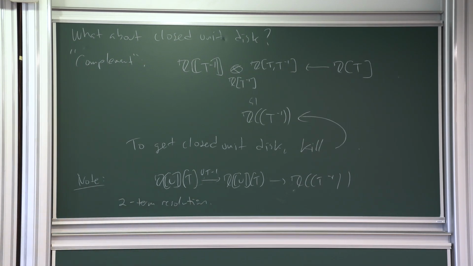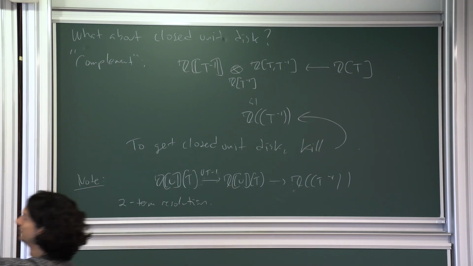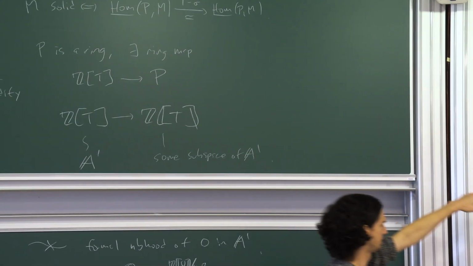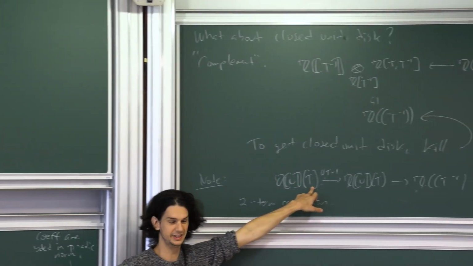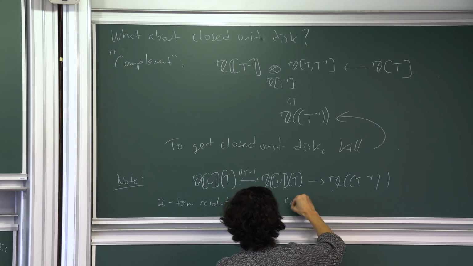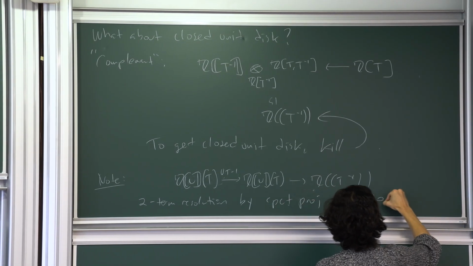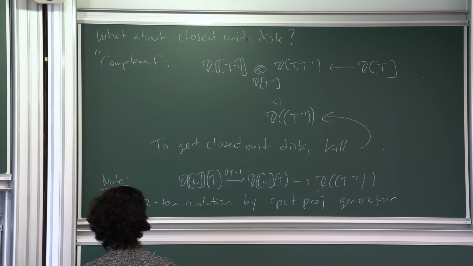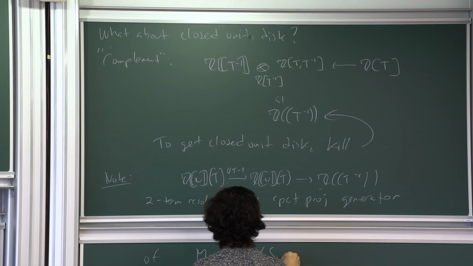And what are these objects? Well, these are just the base changes of our fundamental P, not to solid Z, but to solid Z, and then adjoin a variable T. So these are resolutions by the compact projective generator of the category of Z[T] modules in solid abelian groups.